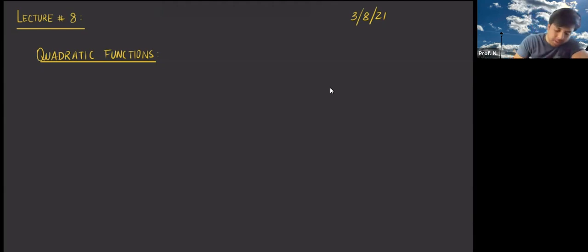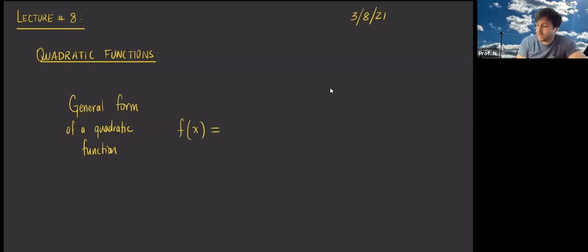So first I'm going to discuss what the general form is. What is the general form of a quadratic function? It looks like this. It's f of x, right? This is from my function notation. This is equal to ax squared plus bx plus c.